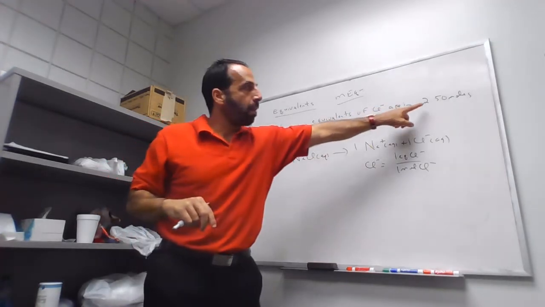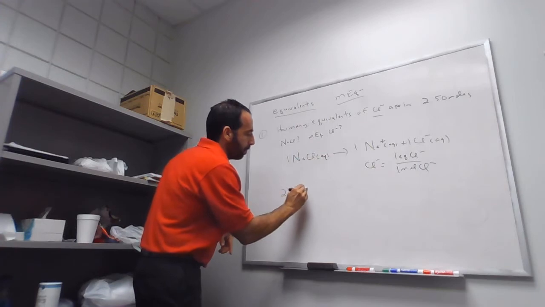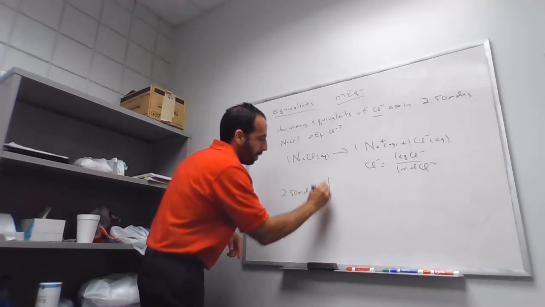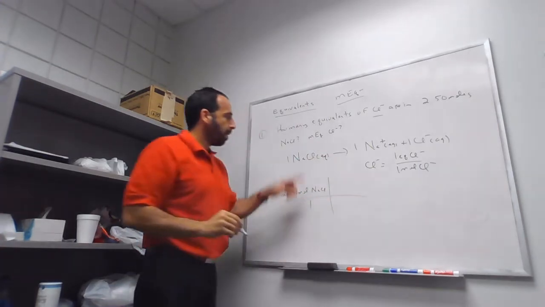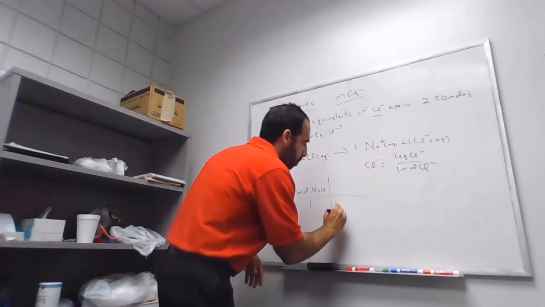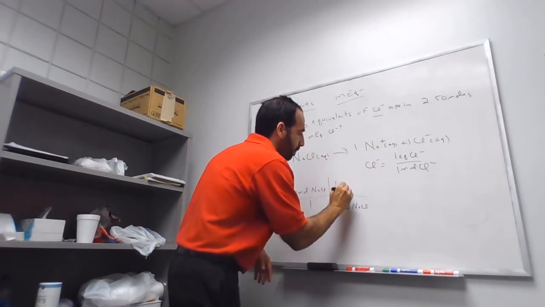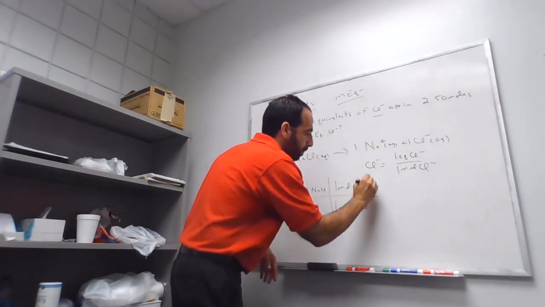So I'm going to write down what's given, which is 2.5 moles of sodium chloride. One mole of this forms 1 mole of chloride, so it's a 1-to-1 ratio. So 1 mole of sodium chloride gives 1 mole of chloride ions.